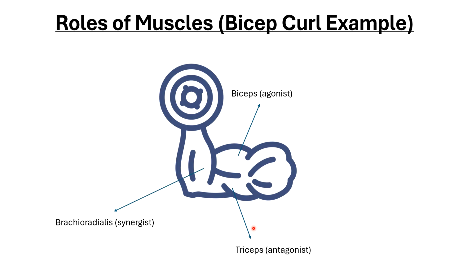We can also have a synergist that essentially helps the agonist perform the movement, but it does not have a main role. Lastly, we have a fixator. An example of this is the deltoid in the bicep curl that essentially prevents unwanted movement and helps the agonist perform the movement in a smooth manner.